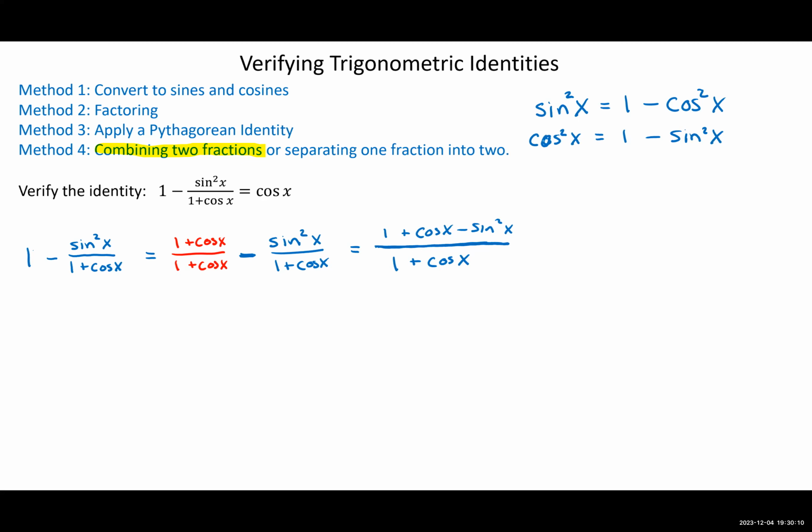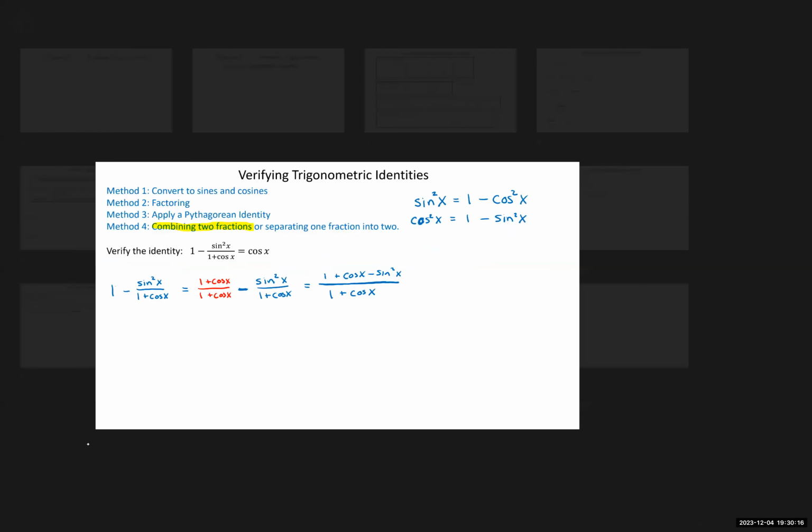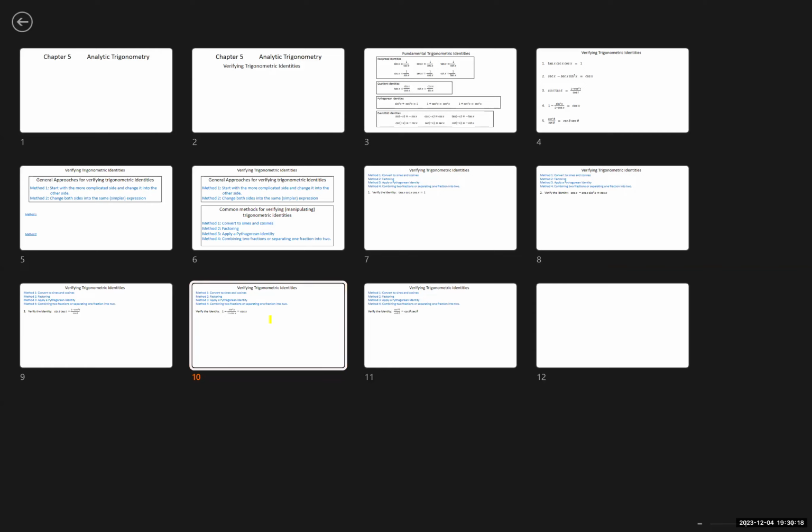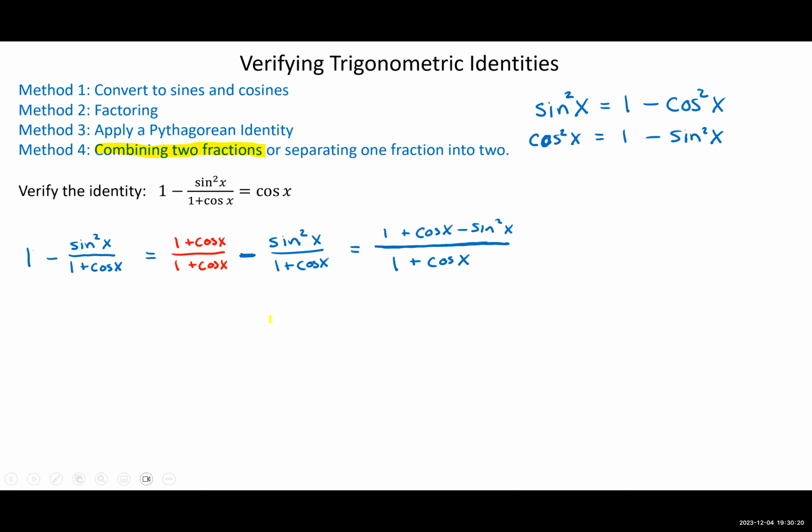Well, let's see. We've got a 1 and we've got a minus sine squared. So if you have a 1 and a minus sine squared, you could turn that into a cosine squared.